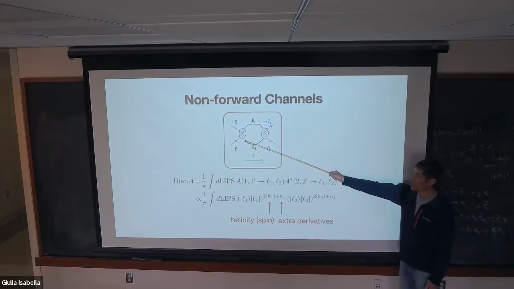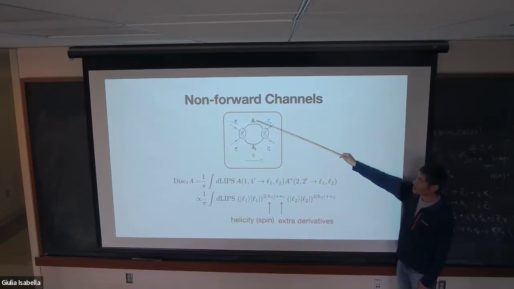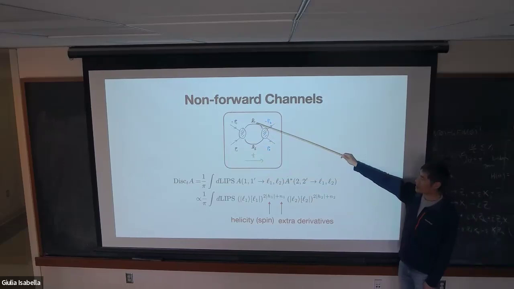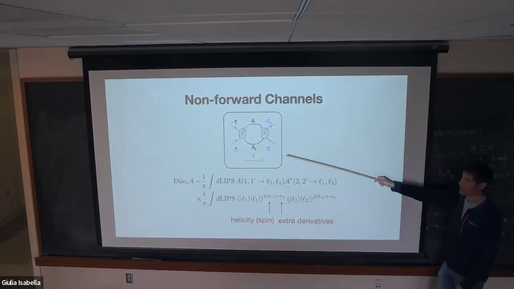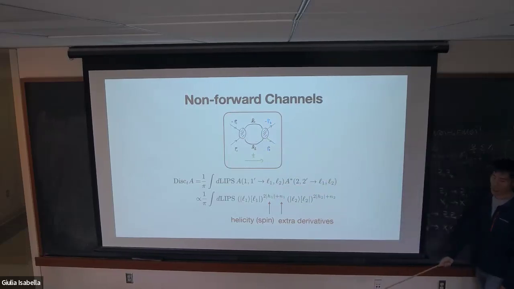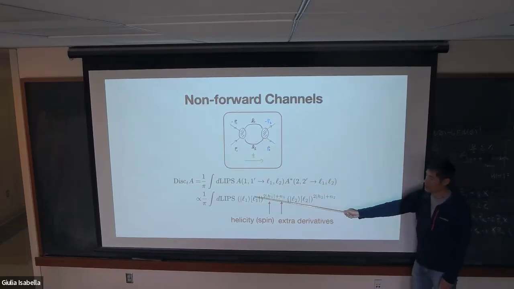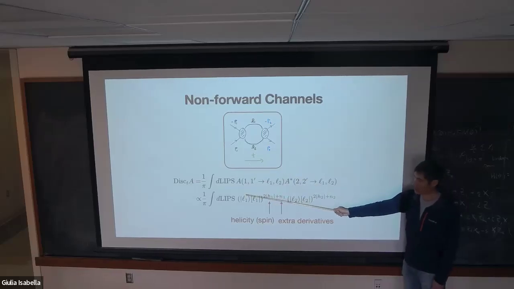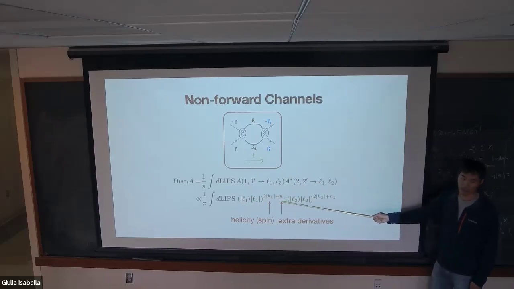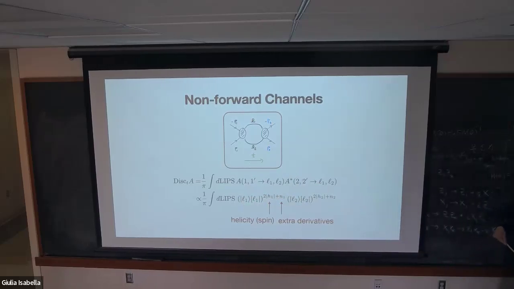So let's consider internal particles L1 and L2, which have spin h1, h2, and some extra derivatives acting on these operators. Just by counting the little group, it must have this angle and square bracket to the power of 2 times spin plus any extra derivatives on these internal particles.